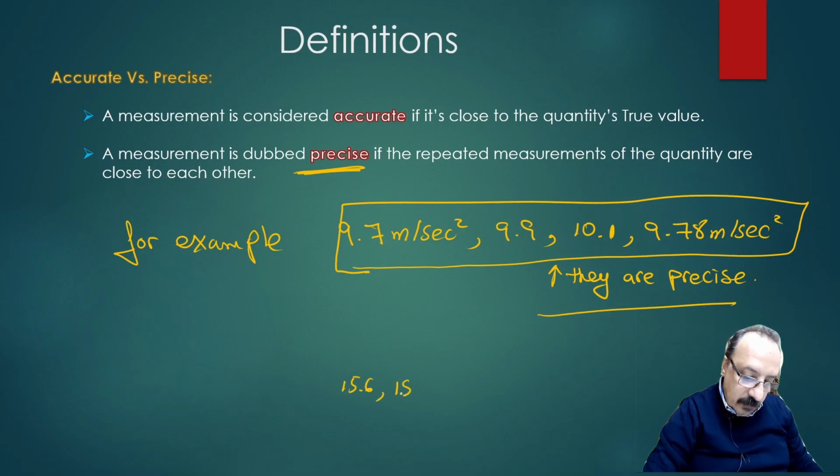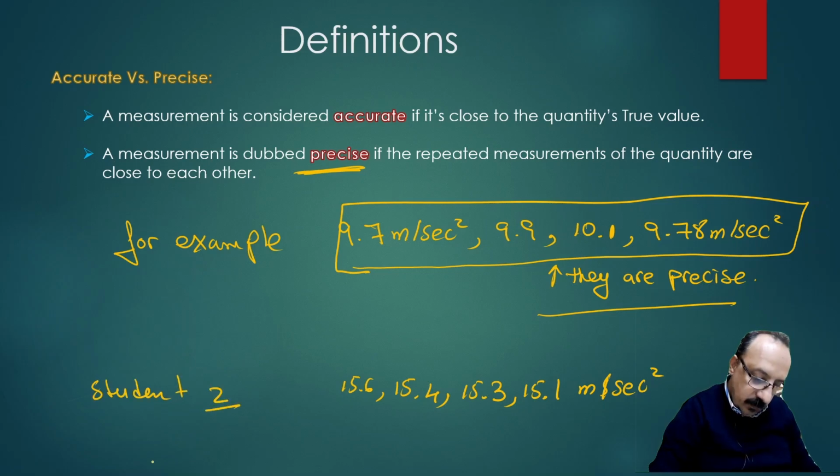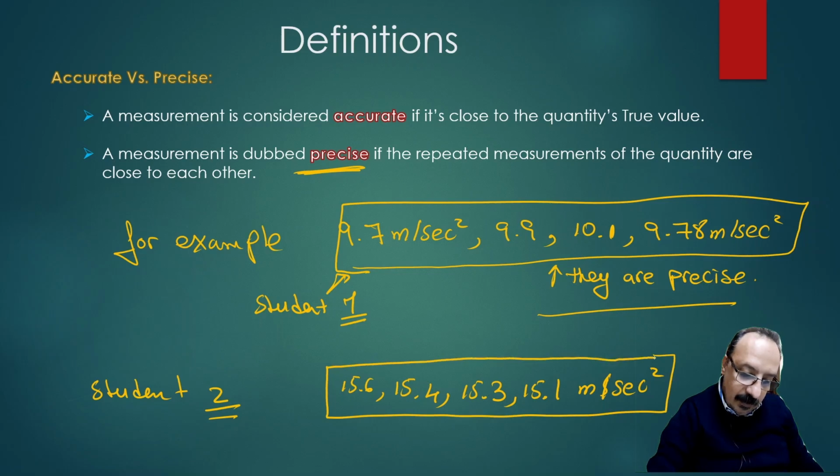15.6, 15.4, 15.3, 15.1 meter per second square. This is student 2. This is student 1. Okay? Now, which one is more precise? So, being precise doesn't have anything to do with being accurate.